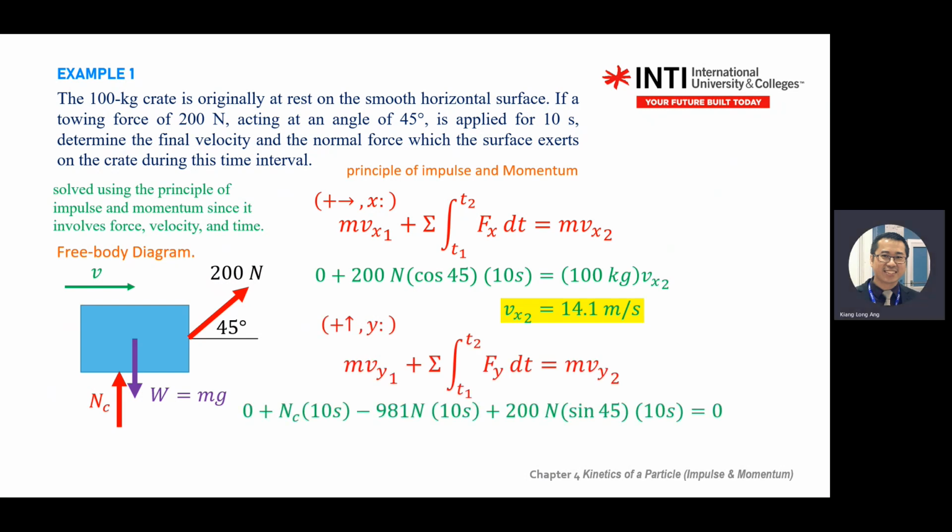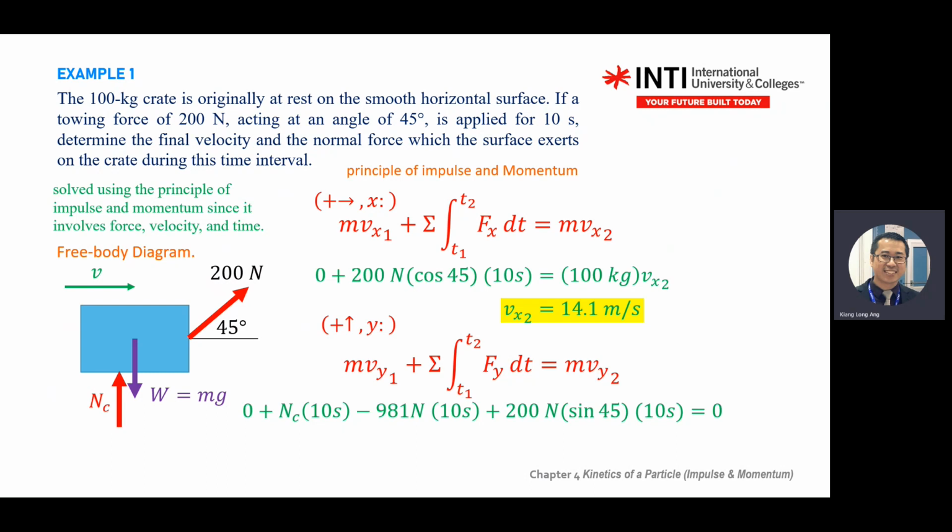One missing is your normal force, right? My Vy 0 because there is no velocity from the starting. But however, for the y, there is an effect of normal force already. Normal force multiplied by time. Although normal force, it look like it doesn't do anything. But when there's a force and the time, then there's an impulse there.